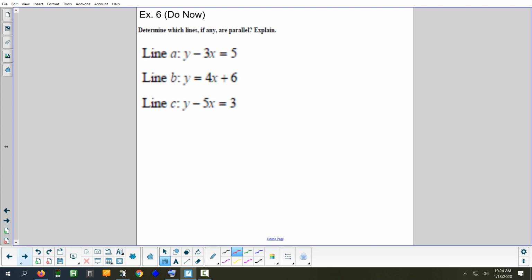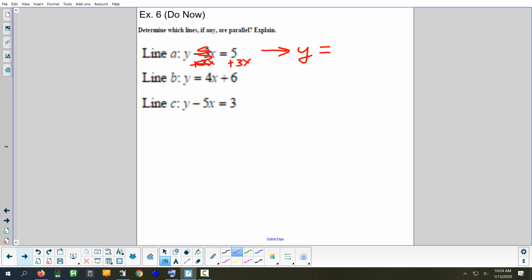That's gone. So now line A is y equals, and who could tell me what's going to go on the other side? And remember the order you want: the number with x first, then the number without x.